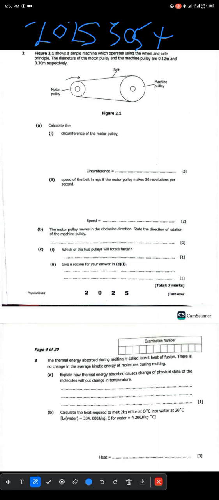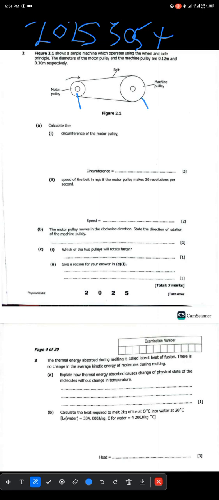The diameters of the motor pulley and the machine pulley are 0.12 meters and 0.30 meters respectively. So for the motor pulley, it is this one. Then as for the machine pulley, it is this one.